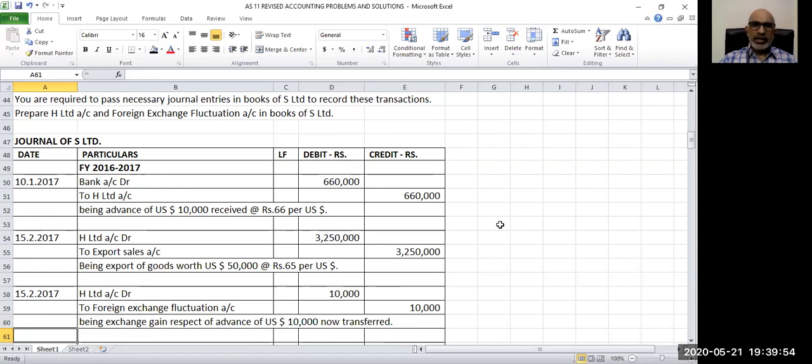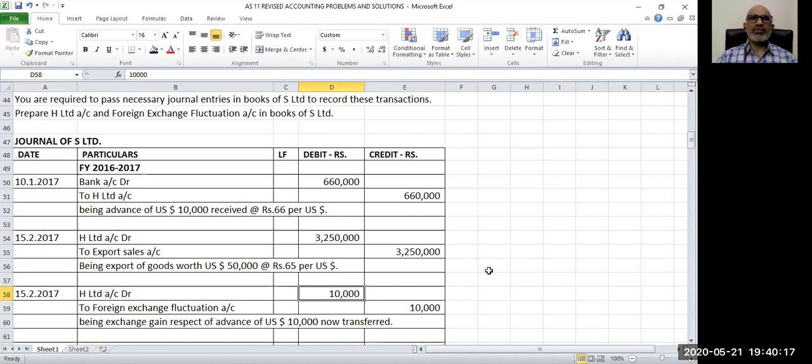This rate differential is basically in the nature of foreign exchange gain. So on the date of export sale, we have to account for this foreign exchange gain in respect of advance which you have already received. So the entry will be H Limited account debit to foreign exchange fluctuation account 10,000 rupees.